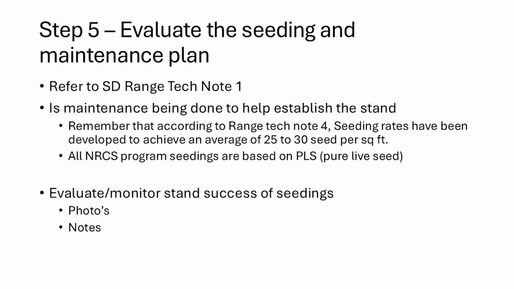Tech note 4 has some reference to that, and to how many seeds per square foot we have. For the eastern side of the state, we're shooting for 30 seeds per square foot. Western side of the state, around 25 seeds per square foot, on a pure live seed basis. Then we want to evaluate if our stand is good, and taking photos and notes is always helpful to know if that stand is taking off and being successful.